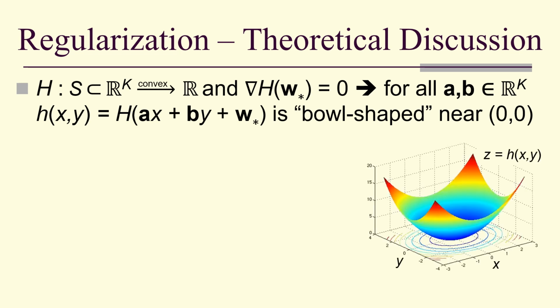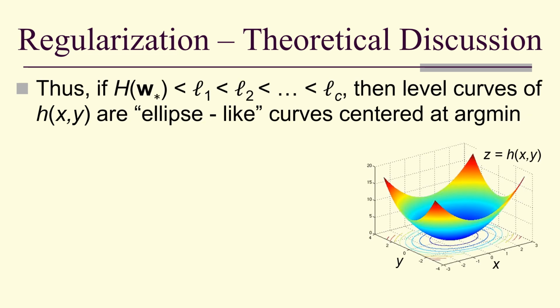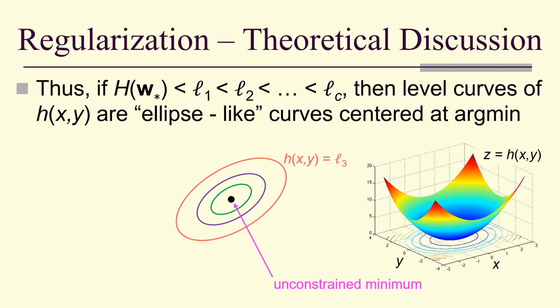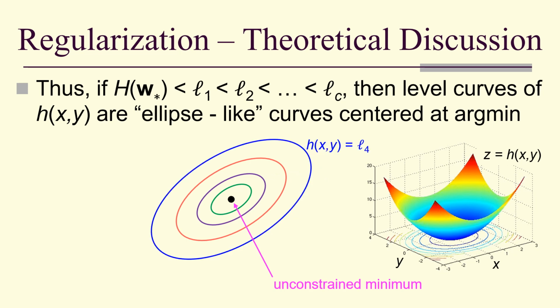So it has to look something like this. What that means is if you take level curves, if you take horizontal cross sections of this bowl shape, then your unconstrained minimum will be the lowest level, and then you'll start getting ellipse-like curves centered at the argmin. So here are some level curves of this function.